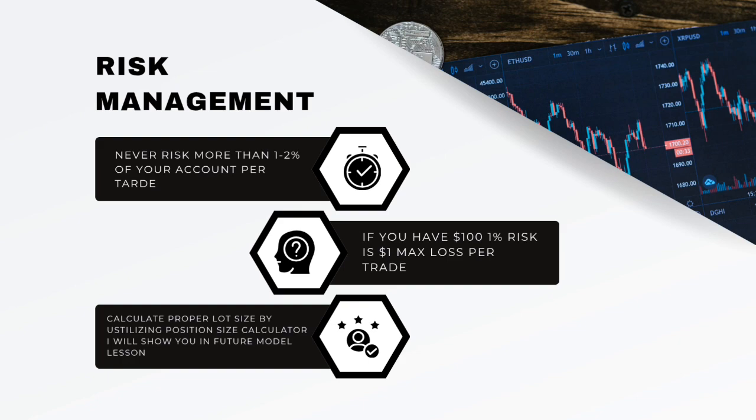Like the RRR, risk to reward ratio, that you are risking $1 to get how much? $3. If you make profit 3 times, you make $9. Out of that 3 times, if you make a loss once, you lose $3 and you still make $6. You still make profit. It's still a win for you.